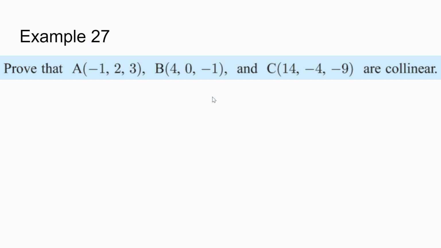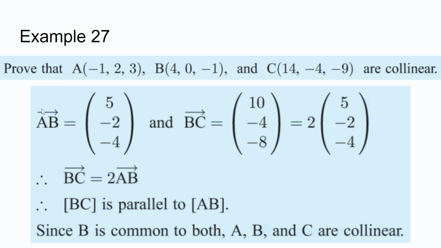All right. So here it says prove that A, B, and C are collinear. In order to do that, we're going to find vector AB and vector BC. To get vector AB, we're just subtracting the points of A from the points of B. That's where we get 5, -2, -4.